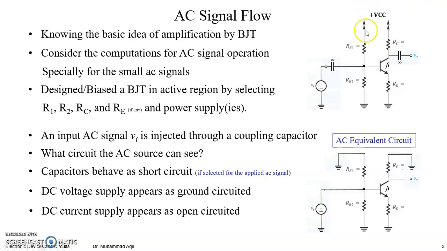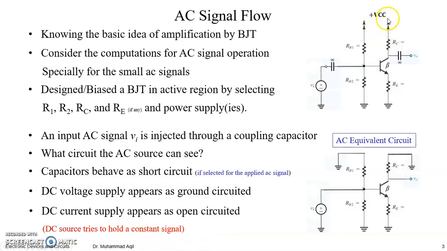And why is it that this DC supply looks like a ground? The same would be the case for the DC current source. It is because the DC source tries to hold a constant signal, right?